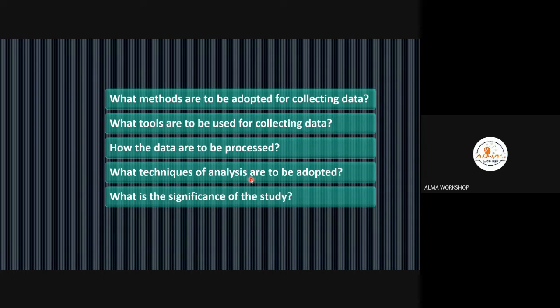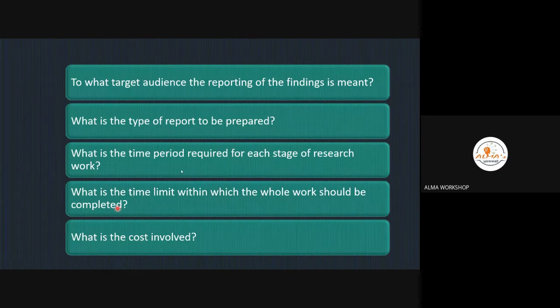Okay, how the data is processed, what are the techniques of analysis, and what is the significance of the study. For each of the questions I have given here, you have concepts behind it which you have to study for your research. Otherwise you will not be able to write your thesis. Okay. And who is the target audience to whom you are going to report the findings.